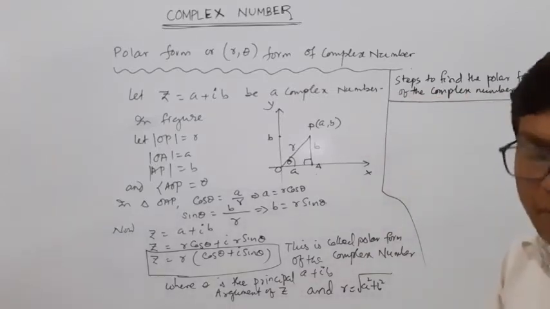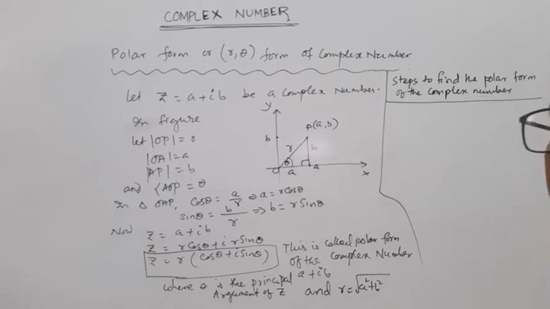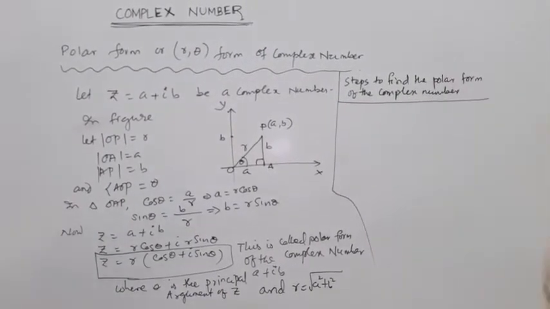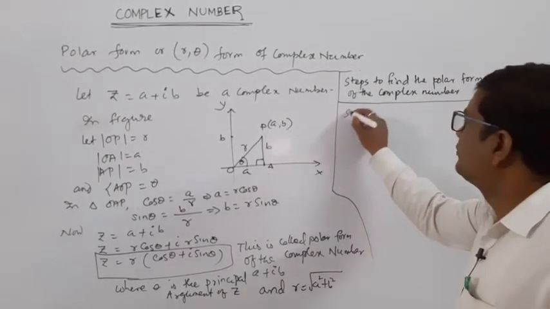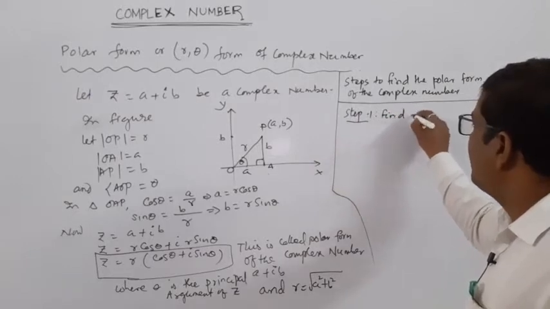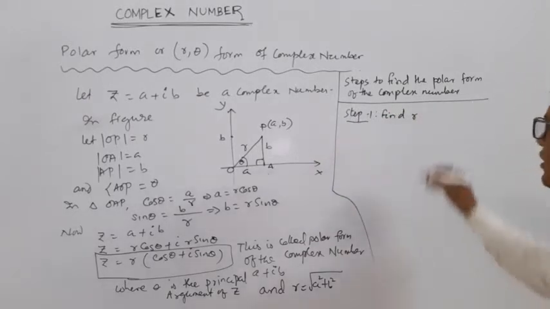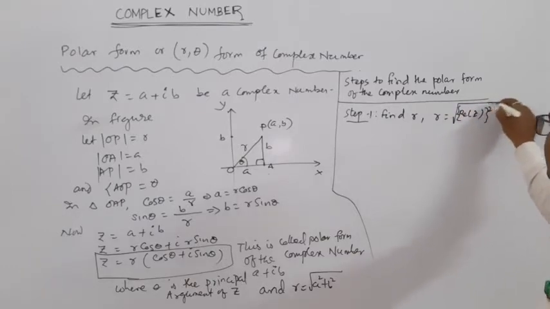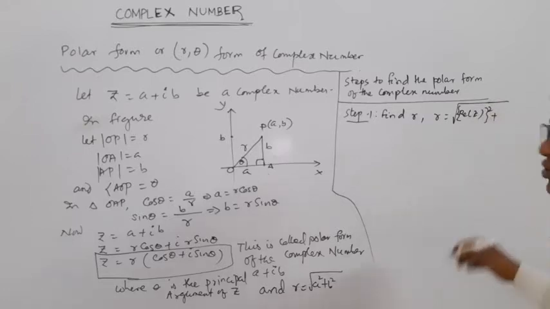Okay, now what are the steps? The first step is find r. Step 1, find r. So r is equal to square root of real part of z whole square plus imaginary part of z whole square.